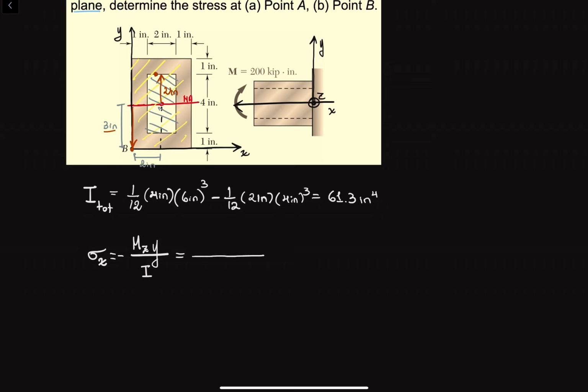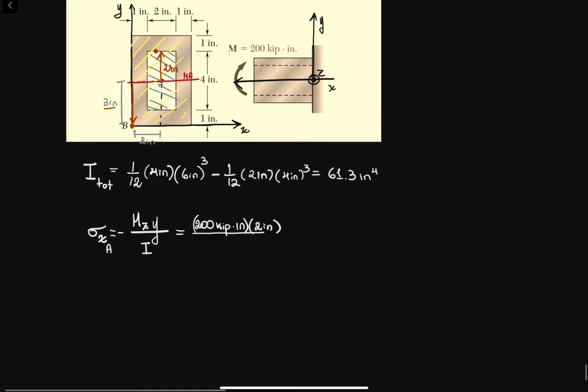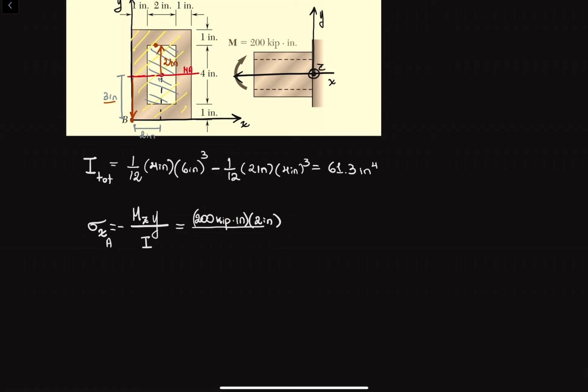So now that we have this, we're going to take the moment, which is 200 kilopounds per inch, times y, which in our first case is 2 inches. That's for A, at the point A. And we're going to divide by 61.3 inches to the fourth.